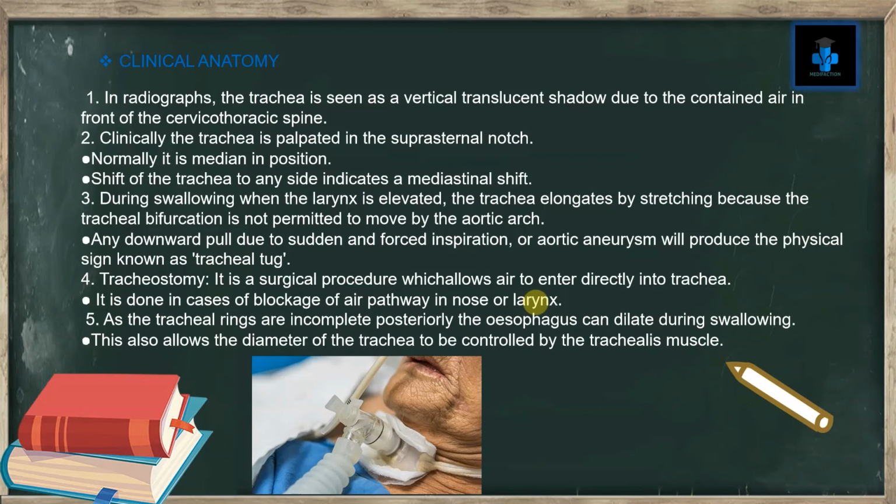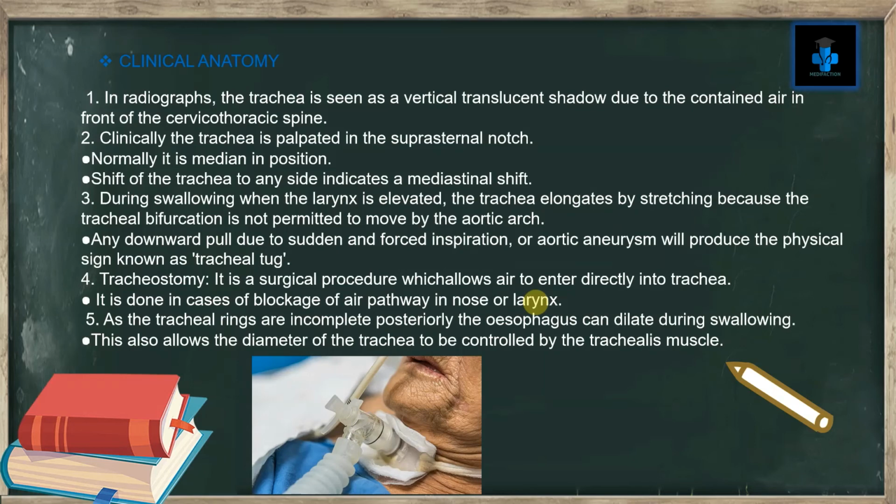During swallowing, when the larynx is elevated, the trachea elongates by stretching because the tracheal bifurcation is not permitted to move by the aortic arch. Any downward pull due to sudden or forced inspiration or aortic aneurysm will produce the physical sign known as tracheal tug.